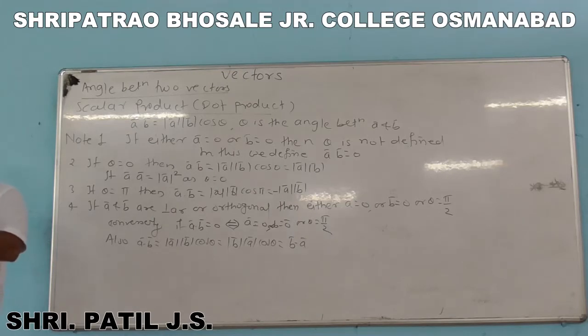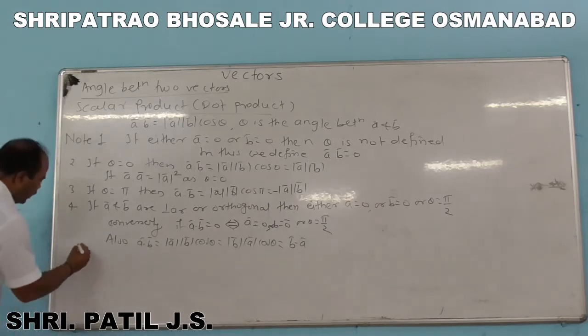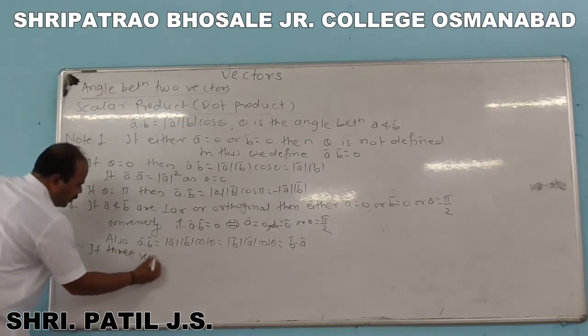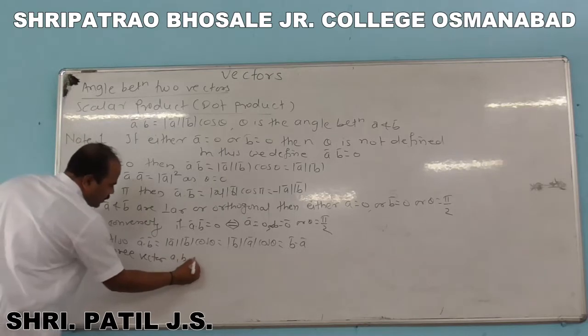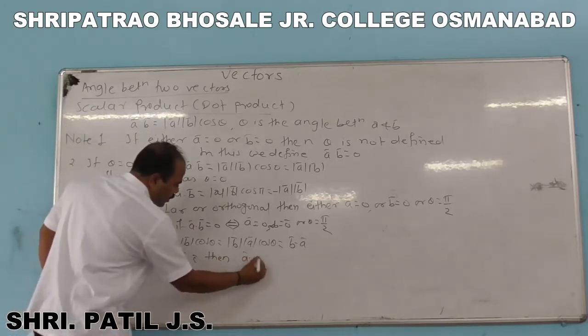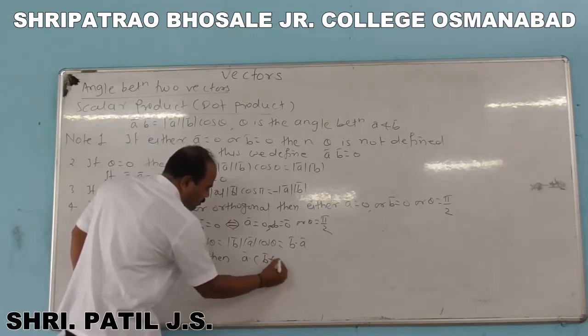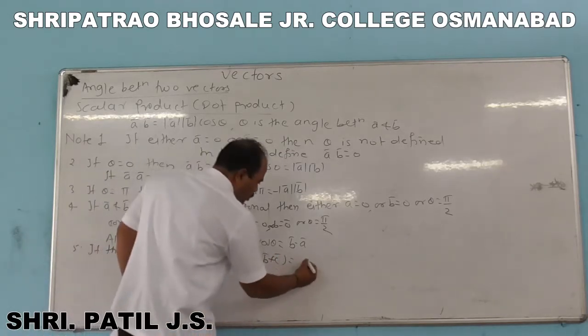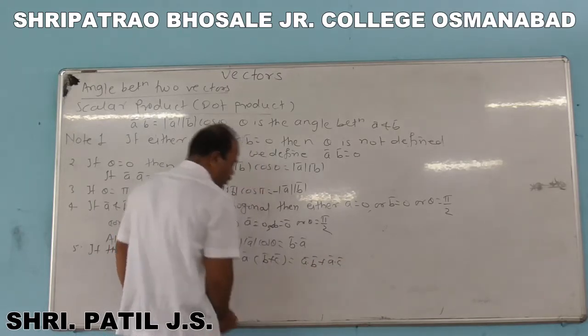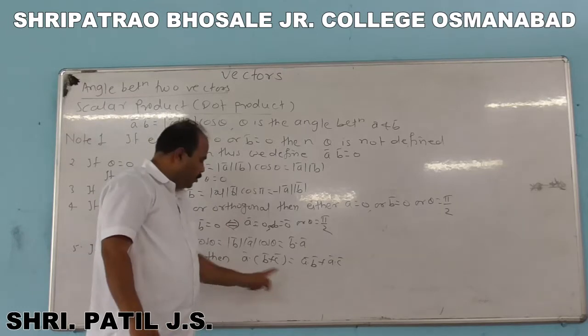Then you know that dot product is distributive over vector addition. The next note is, if there are three vectors A, B, C, then A bar dot B bar plus C bar equal to A bar dot B bar plus A bar dot C bar.